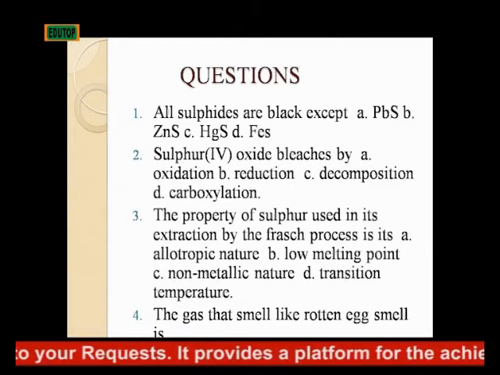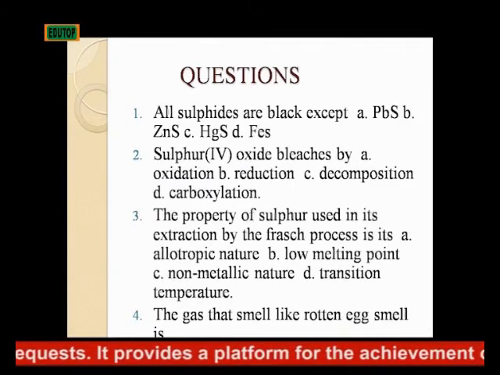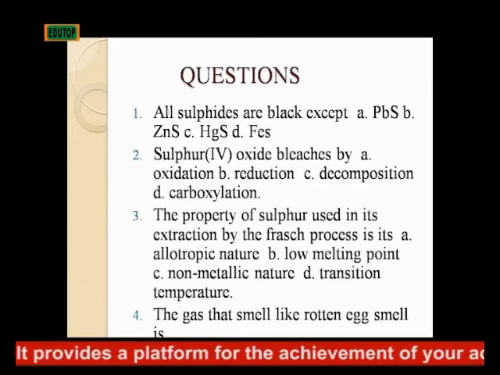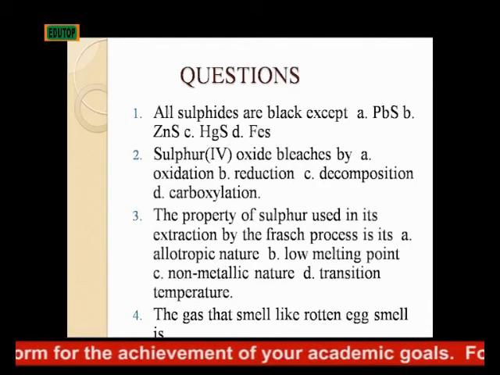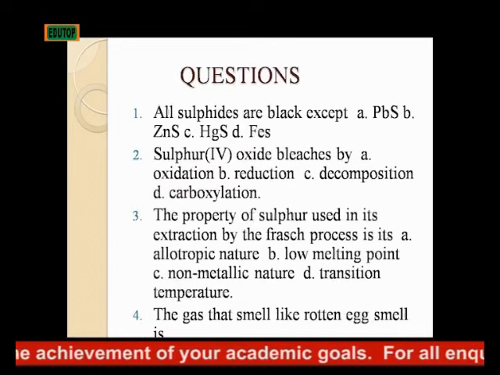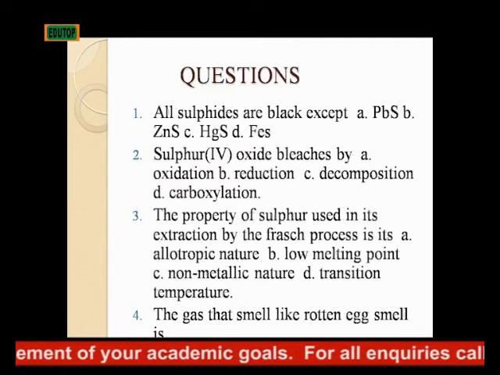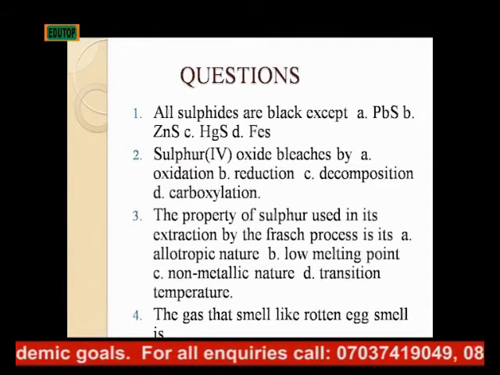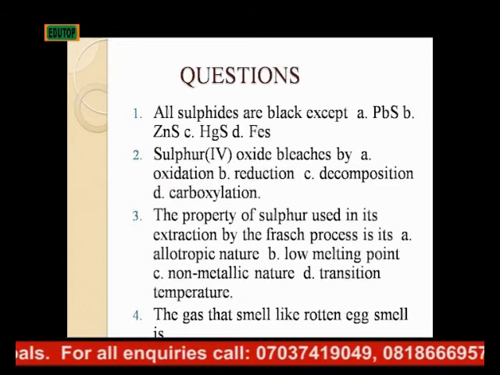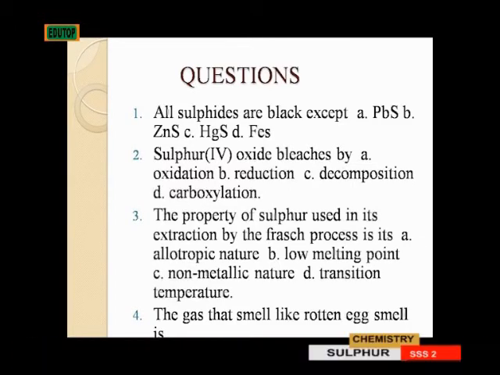Question number 1. All sulfides are black except: A. lead sulfide, B. zinc sulfide, C. mercury sulfide, D. iron sulfide. 2. Sulfur(IV) oxide bleaches by: A. oxidation, B. reduction, C. decomposition, D. decarboxylation. 3.